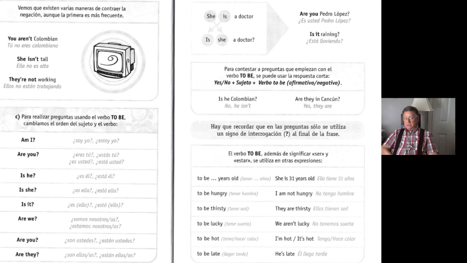Él llega tarde. He comes late. Yo llego tarde. I'm late. I am late. Or say, I am not late. I'm not late. I think that's all that we're going to do today.